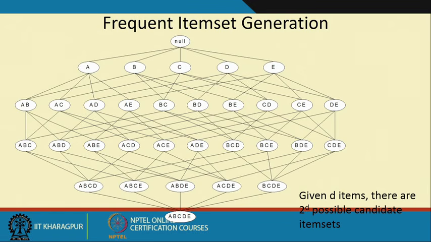Not only that, you see that these item sets you can arrange in a lattice-like structure. At the top of the lattice is the null item set, at the bottom of the lattice is the 5 item set or k item set, and then at each level of the lattice there are k, k minus 1, k minus 2 and so on: 4 item sets, 3 item sets, 2 item sets, 1 item sets.